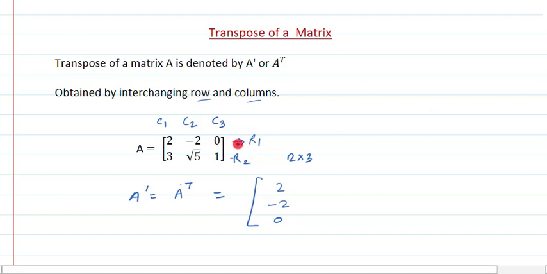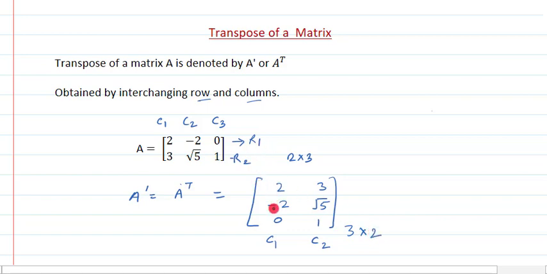The elements which were lying in R1 are now the elements of C1. Similarly, the elements of row 2 will now become the elements of column 2, that is C2. So these are 3, root 5, 1. This is the new matrix called transpose of matrix A. We observe that now the order of the matrix becomes 3 by 2.